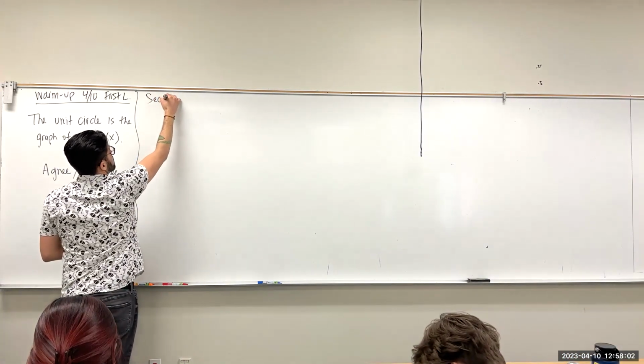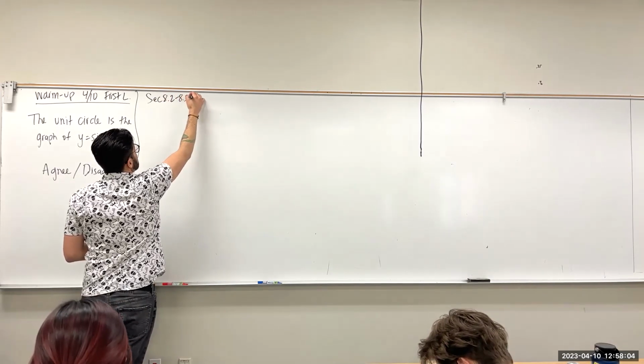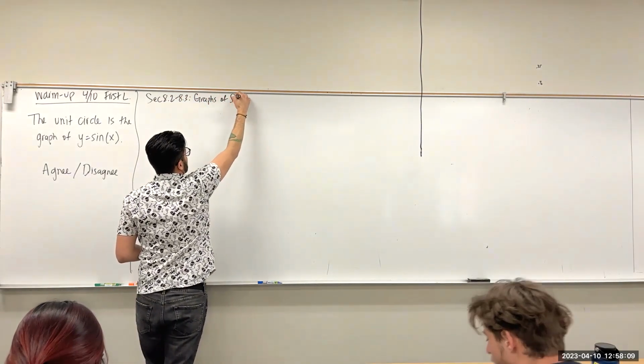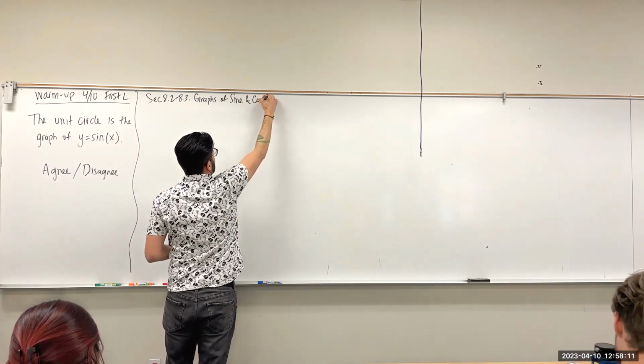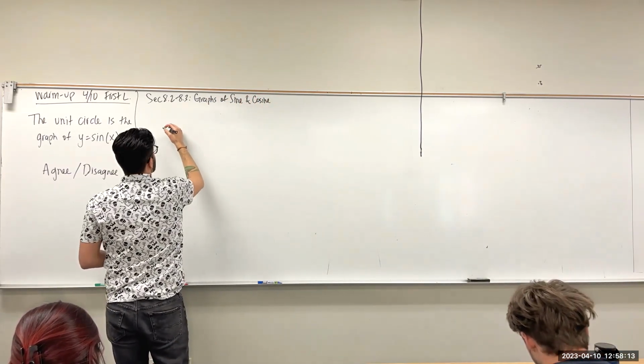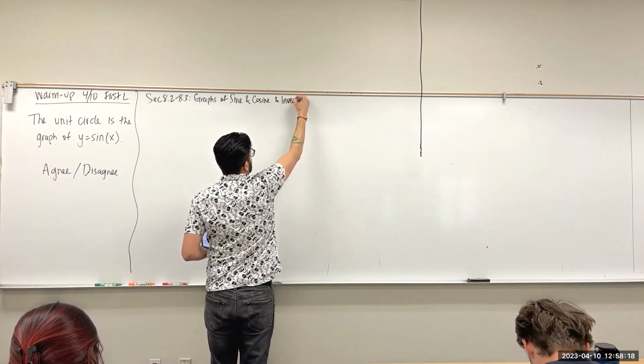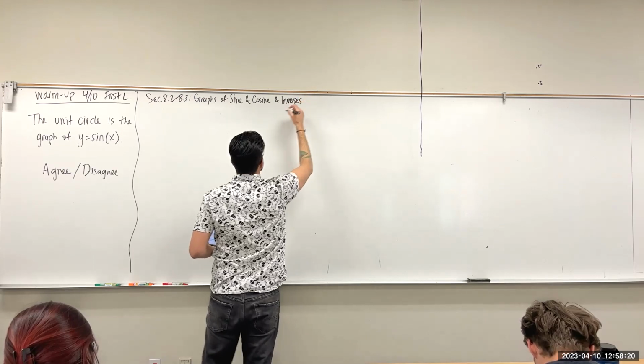So this section here is 8.2 to 8.3. Graphs of sine and cosine. And at the end, we'll do the inverses.